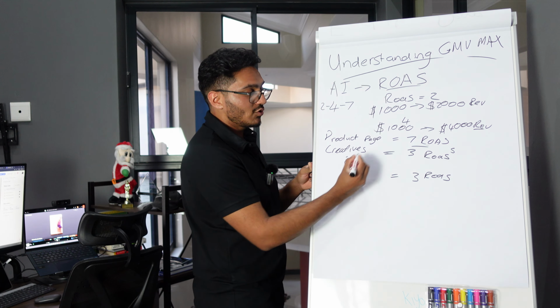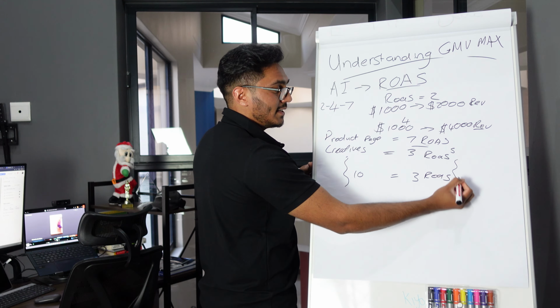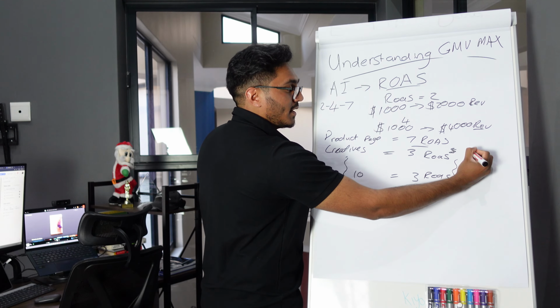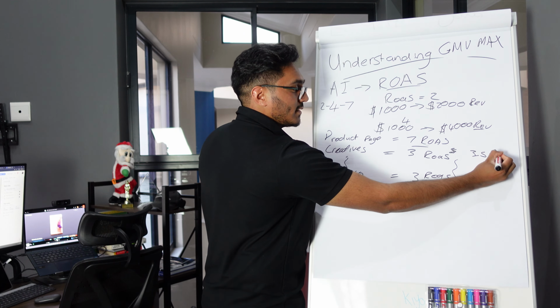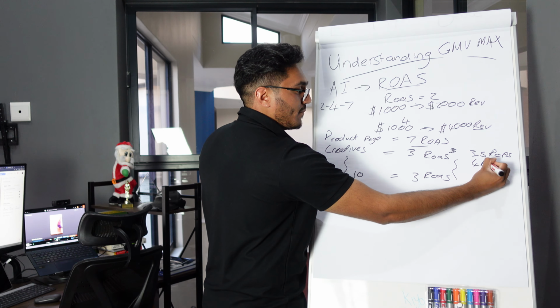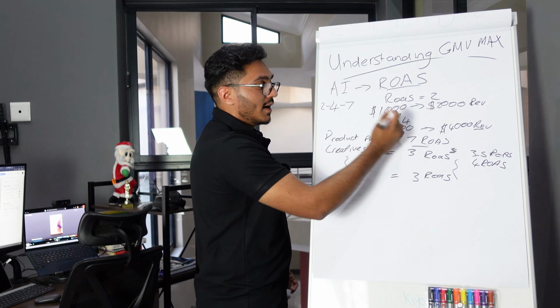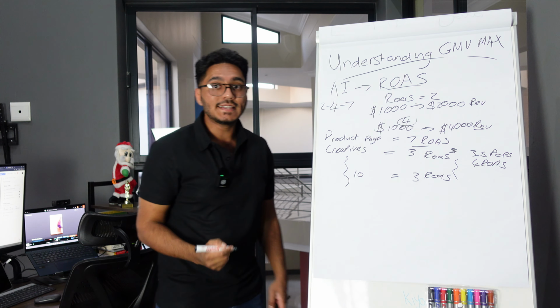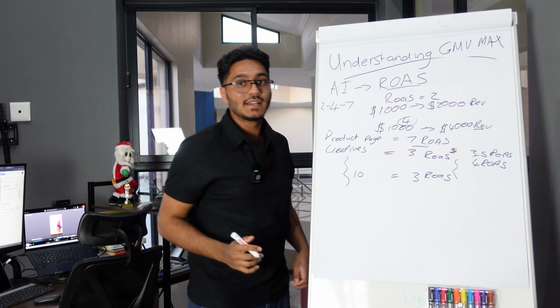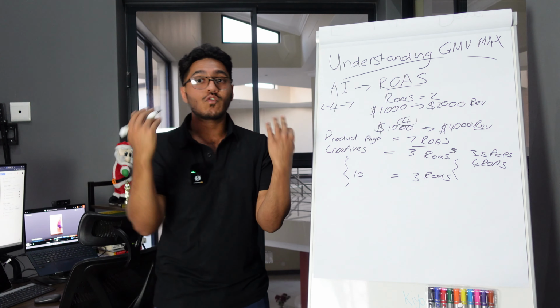With the 7 and all these 10 3s, you're going to average maybe a 3.5 ROAS, or you're going to average a 4 ROAS. And GMV Max will be able to meet the ROAS that you set on the back end. So this is kind of like the safety net for the brand so that you don't make a loss overall.